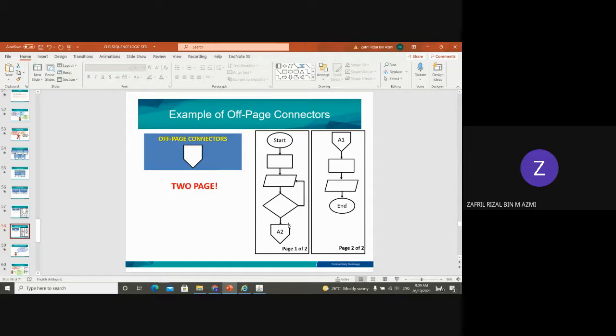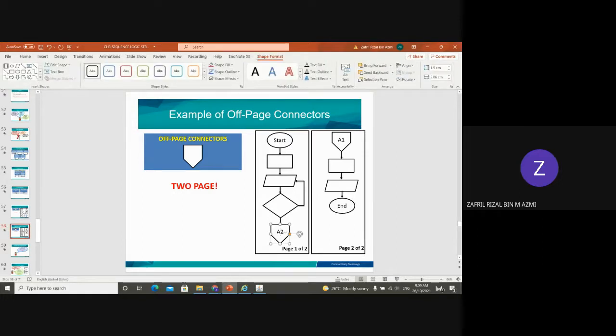Use this symbol. But the name should be similar. If you use A2, this should be A2 as well. If you use A2 and A1, how do we connect? If you have 10 pages, you cannot do that. So use the same name for the connector. Okay?